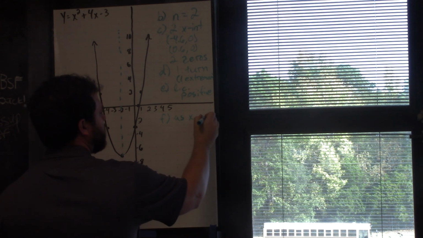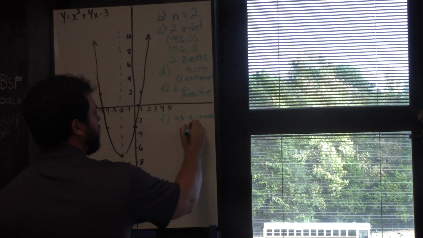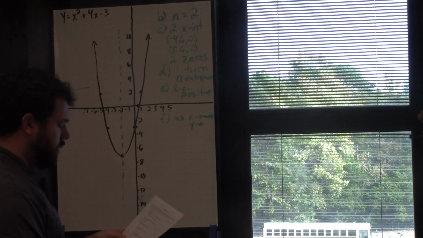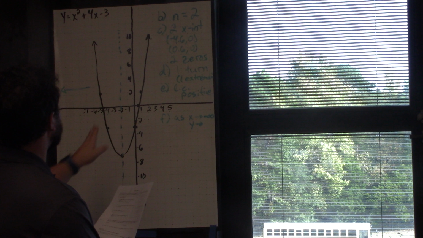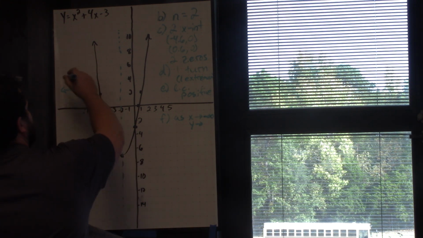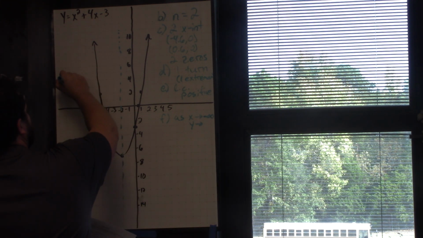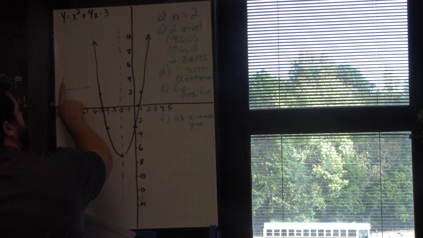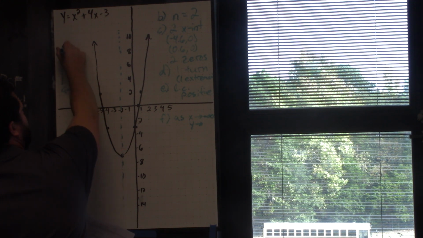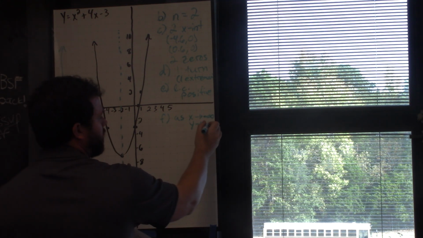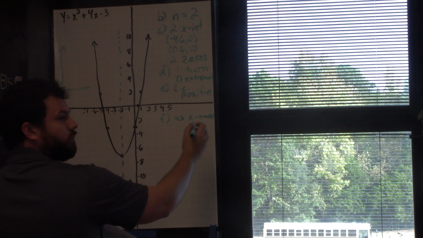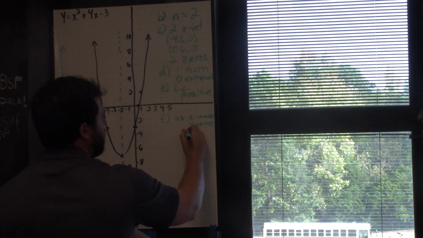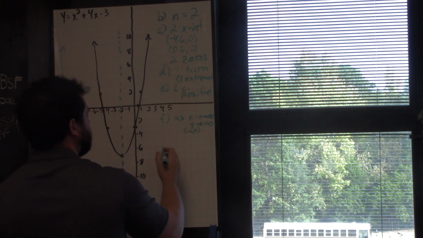So as x goes to negative infinity, we want to know what is y going towards, right? So what direction does the graph go vertically? As we go to the left, y is going up, right? So there's my arrows. So what is y approaching? Positive or negative? Positive, okay? So positive infinity. I'm just going to make a note here, it's going up.